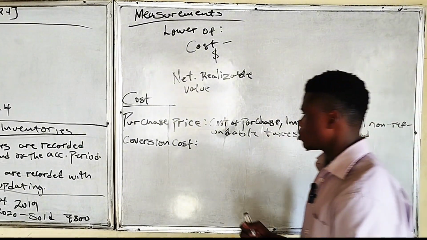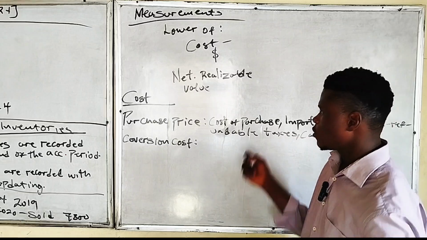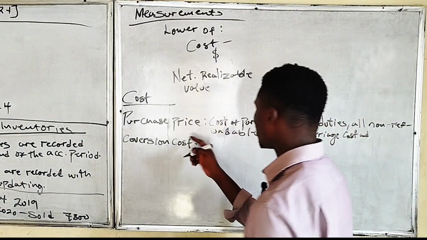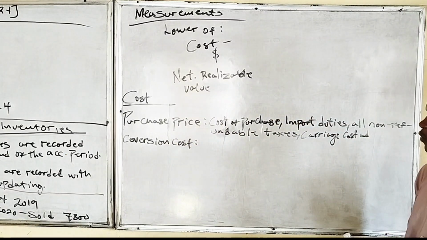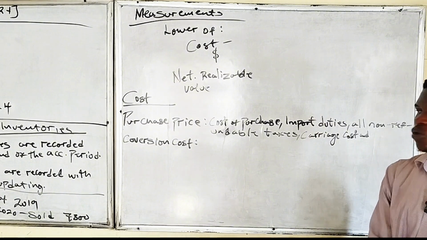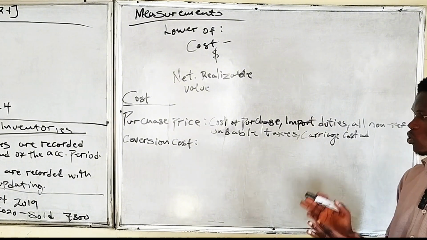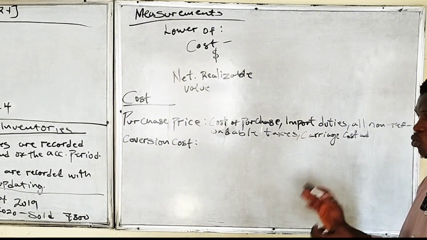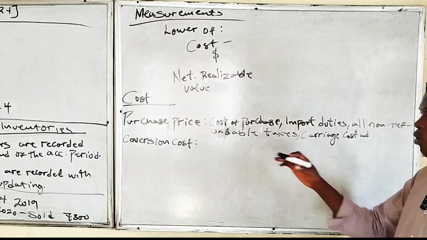Then conversion cost. Conversion costs are costs incurred in bringing raw materials to finished goods. So the cost of converting raw materials to finished goods before we can sell them are called conversion costs.